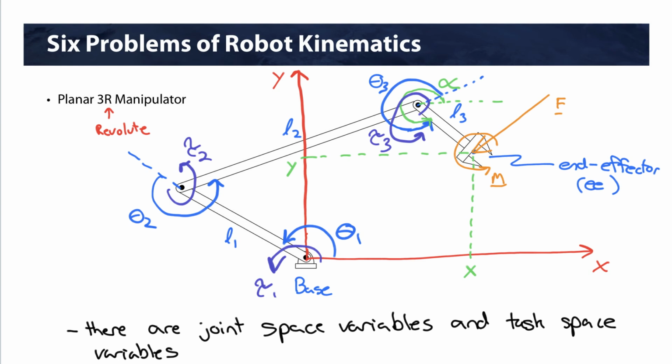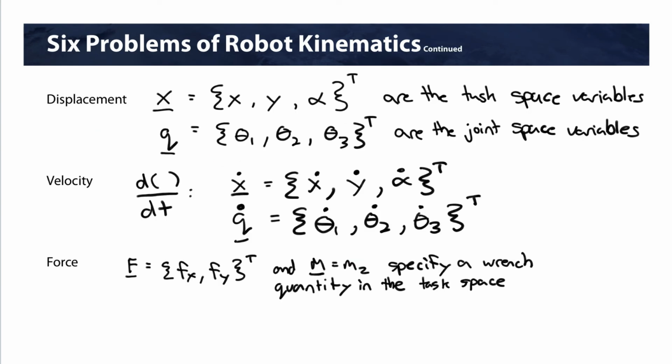All right, so tau 1, tau 2, and tau 3 are our joint space coordinates. So tau would equal tau 1, tau 2, and tau 3. These are our torques, and you can think of them as the force coordinates in joint space.